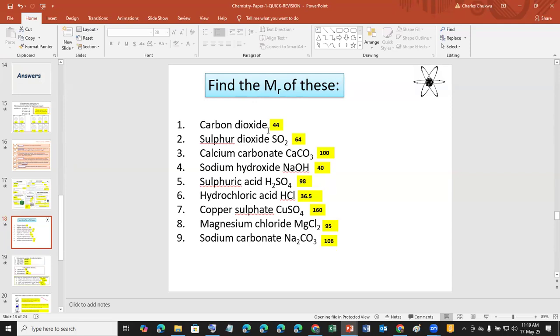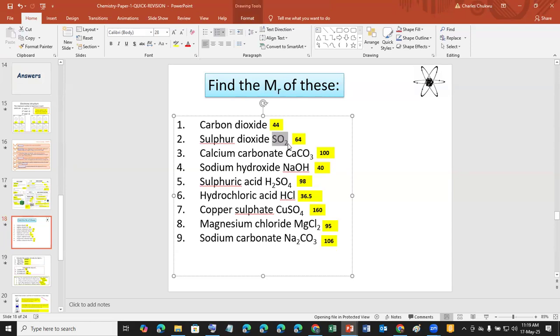But just remember that depending on the small number there, for instance, for oxygen here again, you have another 2 there. So it's going to be 2 times 16, which is 32, plus the one for sulfur.